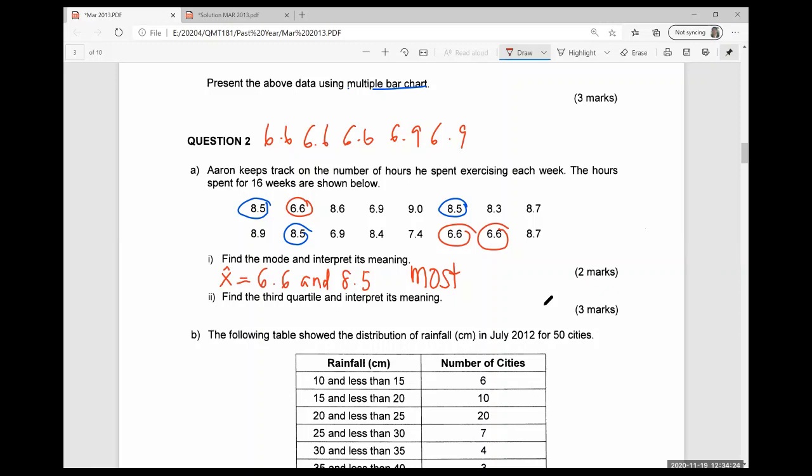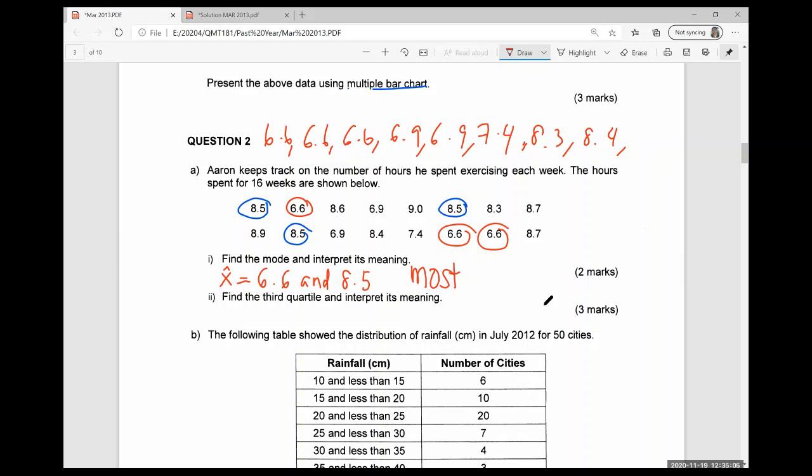Another one that you have after that is 7.4. Is there any more 7? No. And then you have 8.3, 8.4, 8.4, and then you have 8.5, 8.5, 8.5, right?